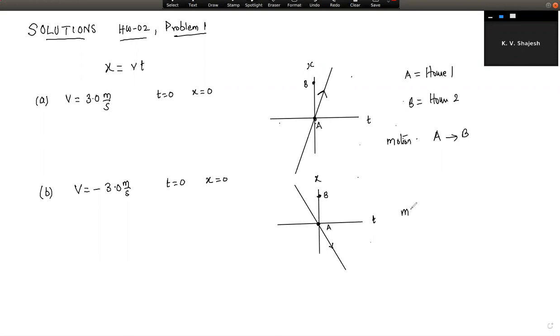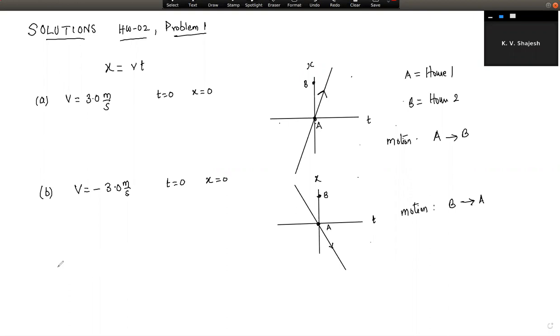And here the motion is again uniform velocity. They don't stop at point A or at point B. It crosses point B first and then crosses point A, where A is at the origin, let's say. So that's broadly speaking what the plots represent.